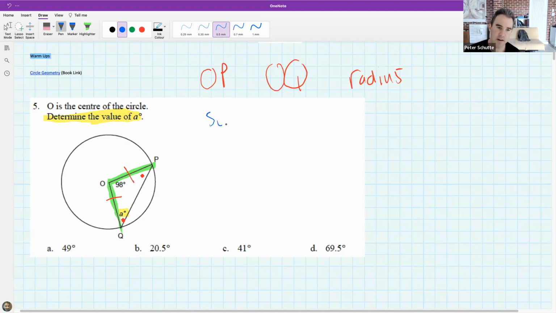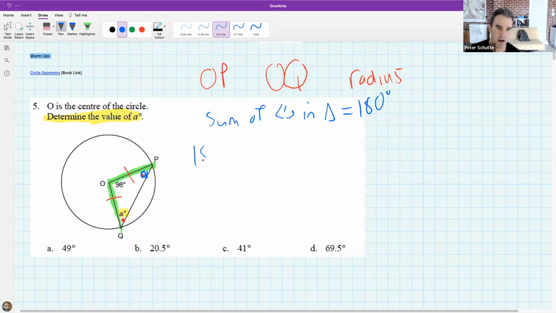So the sum of angles in a triangle is equal to 180 degrees. So what we know here is there's a couple of ways we can write it, but we could say that this angle over here is equal to A because of the fact that it's an isosceles triangle and the base angles are equal.